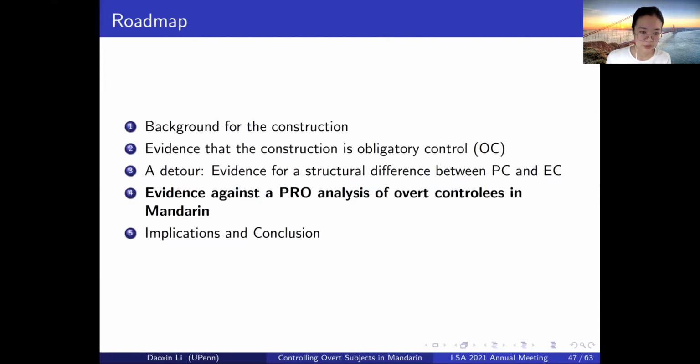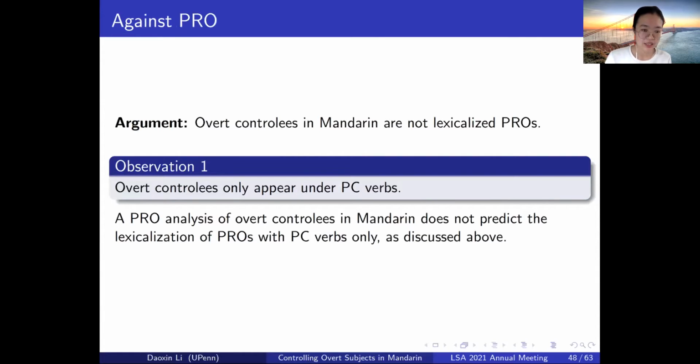And now we will show evidence against a big pro analysis of overt controlees in Mandarin. The first piece of evidence is, as we have just seen, only partial control verbs allow overt controlees. And this is not predicted by a big pro analysis of overt controlees, since big pros can appear under both partial control verbs and exhaustive control verbs.